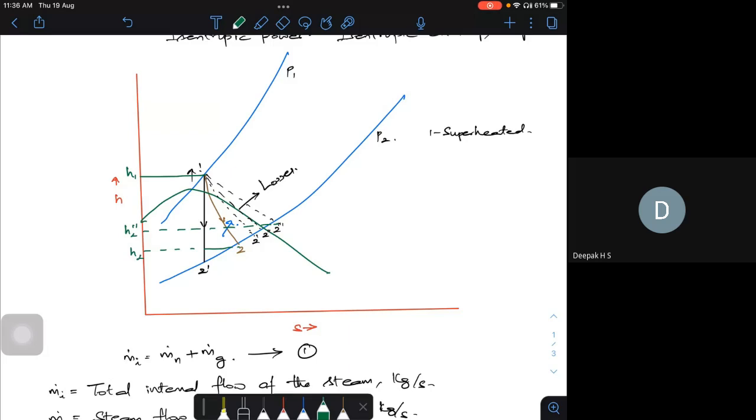Look at this: delta H is equal to H1 minus H2. This should have been your actual drop. But with the increase in losses, your delta H will become H1 minus either H2 dash, H2 double dash, or H2 triple dash and so on.